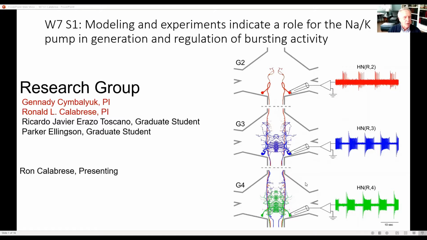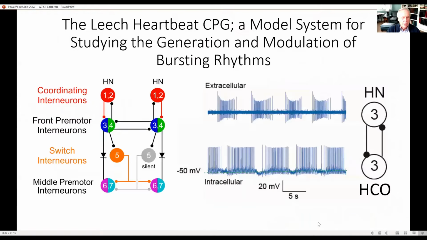My lab at Emory has for a long time been studying the central pattern generator that controls heartbeat in the leech. This is a distributed pattern generator, distributed throughout the ganglionic chain of the leech nerve cord, and the interneurons that comprise it are distributed in the first 7 ganglia.